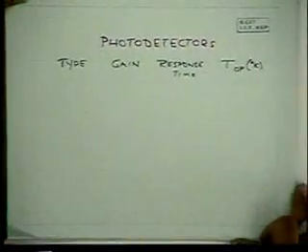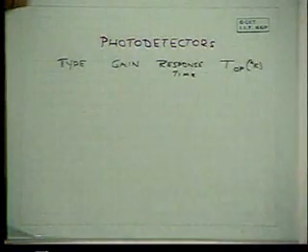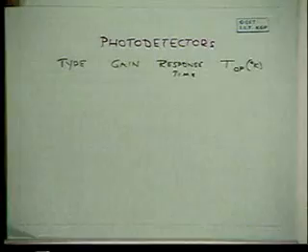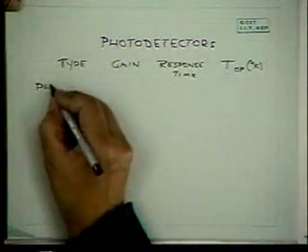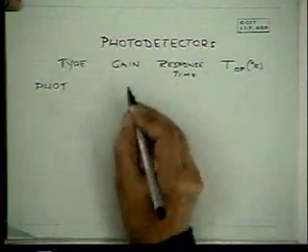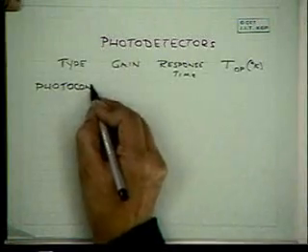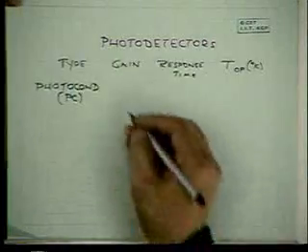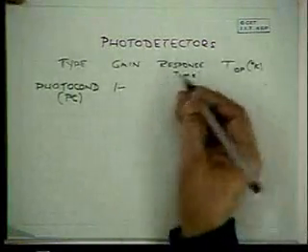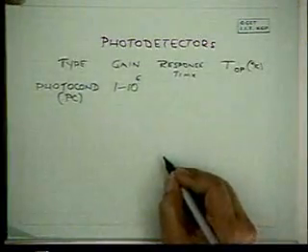Broadly, we can make a comparison between the different types as follows. We can compare their gain, response time, and operation temperature. Say for photoconductive, which is called PC for short, we'll show that the gain can be from 1 to fairly high, in special cases 10 to the power 6.